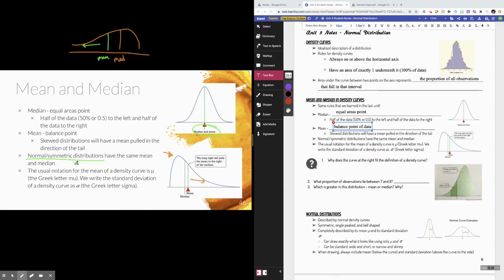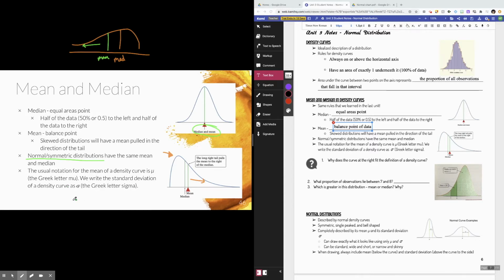Okay, and we use a couple of Greek symbols to represent mean and standard deviation in a density curve. Okay, the reason we use Greek letters here is because density curves usually are talking about the population value, which is the true value, right? Versus the sample values, right?